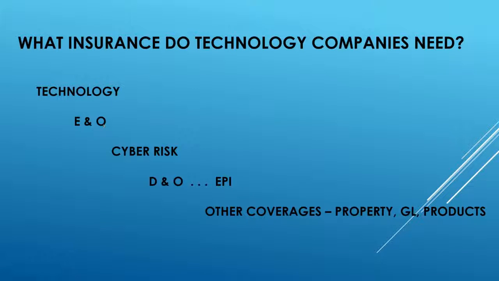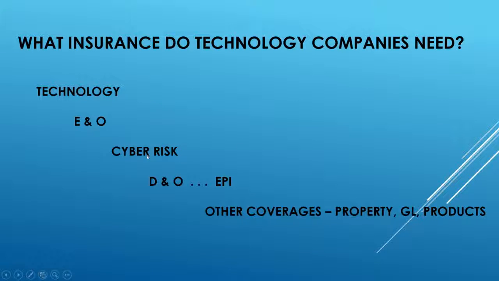And as we mentioned before, it might be a software developer who has a claim or a lawsuit because the software didn't work as intended, and then there's the cyber exposure as well.